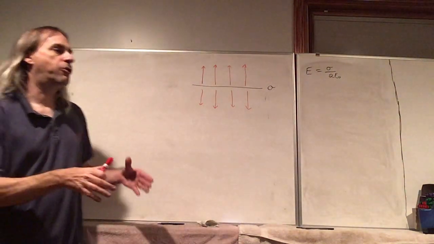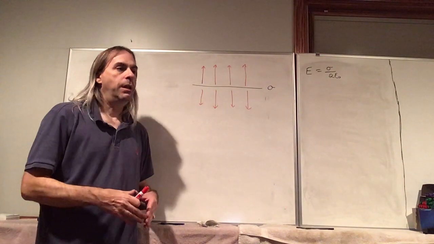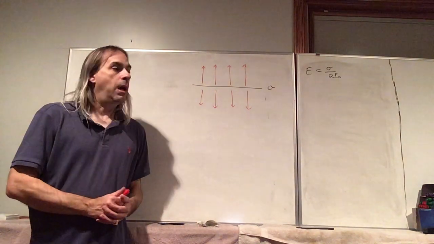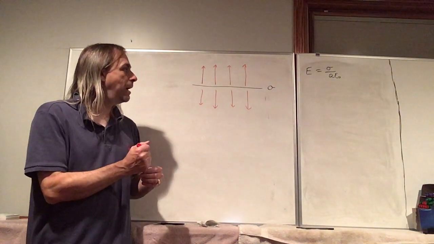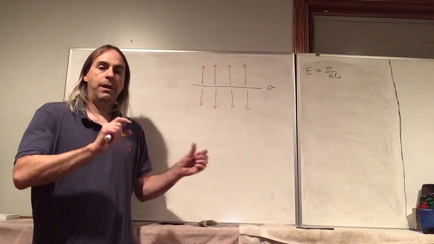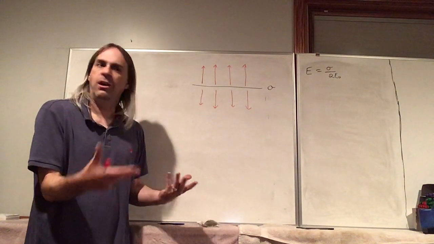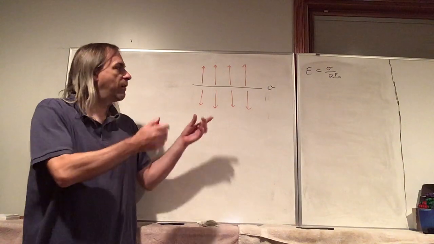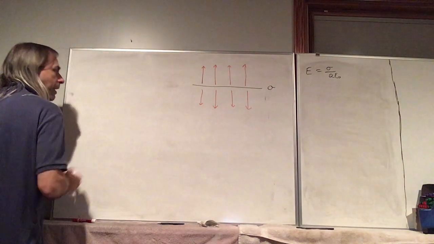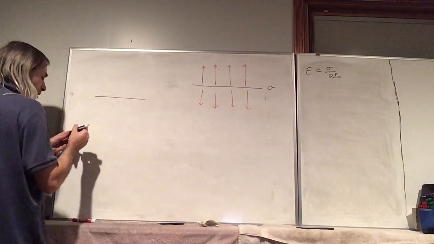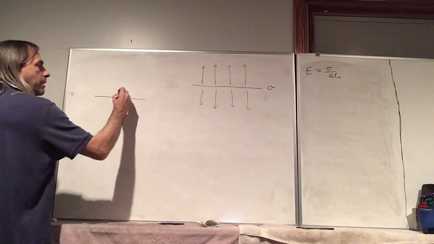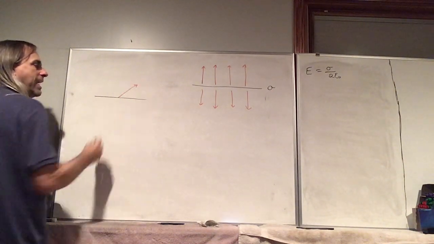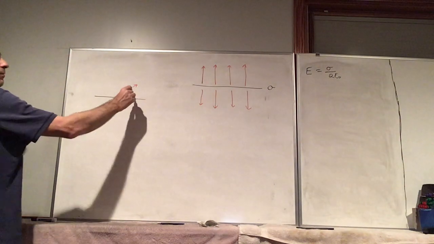The idea of symmetry is if you do something to it and it looks the same. Like say that we have an infinite plane and we rotate it. It still looks exactly the same. However, let's say that we had our plane like this, and let's say the electric field pointed in this direction.